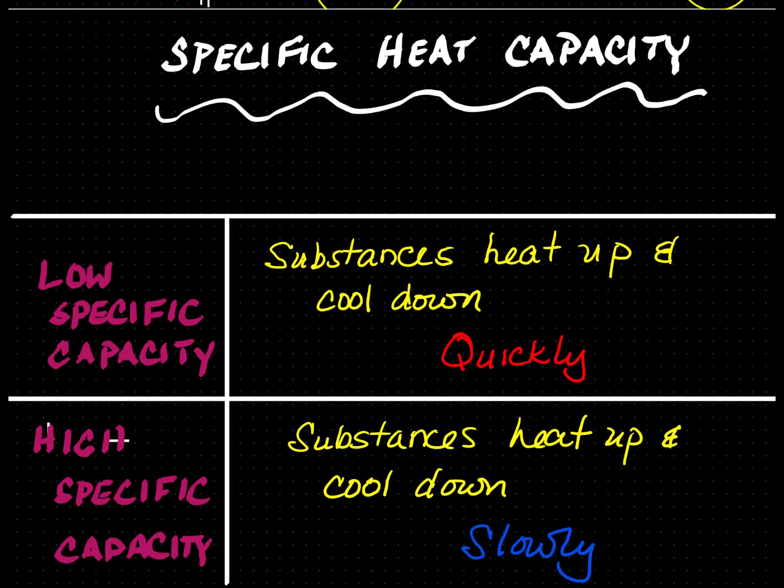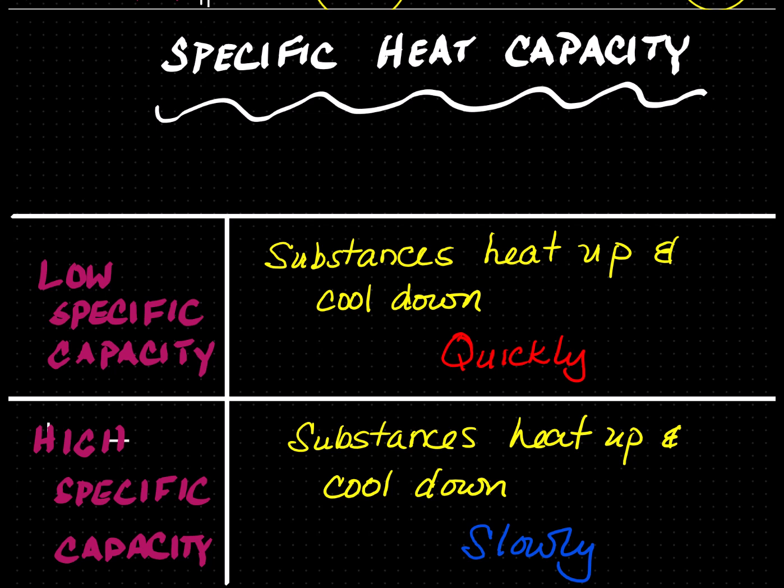How does specific heat capacity work? If the value is low, the system heats up and cools down very quickly. So metals have low heat capacity. This is why we use pots and pans made of metal to cook our food. Substances that have high heat capacity, an example of that is water, will heat up and cool down very slowly.